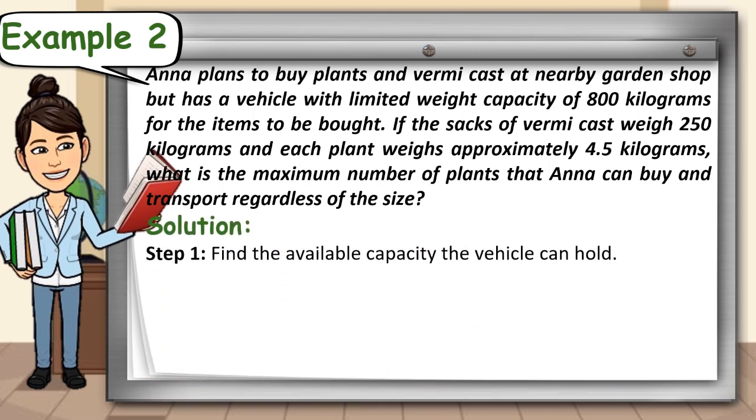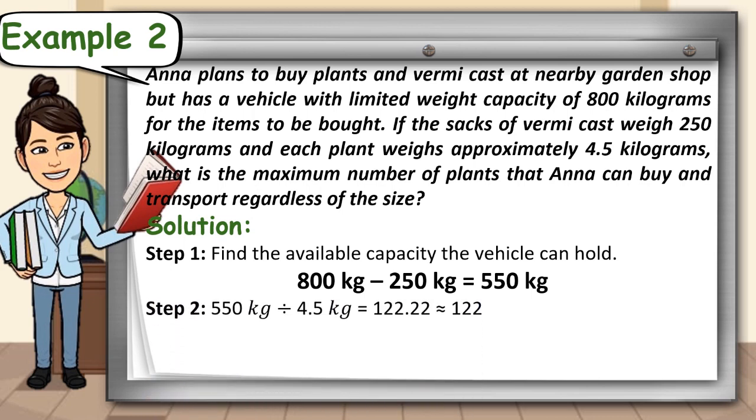Step 1. Find the available capacity the vehicle can hold. The vehicle capacity is 800 kilograms and the weight of vermicast is 250 kilograms. Getting the difference of the two, we have 800 kilograms minus 250 kilograms is equal to 550 kilograms.